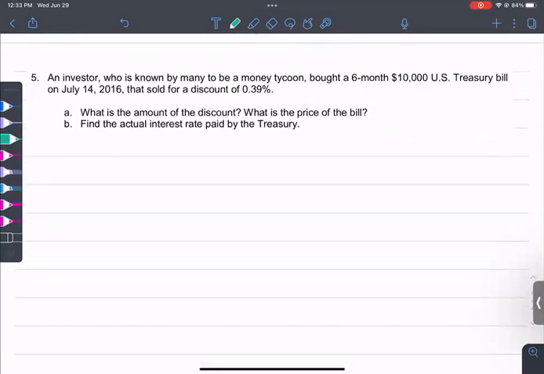All right, number 5, an investor who is known by many to be a money tycoon bought a 6-month, $10,000 US Treasury bill on July 14th, 2016 that sold for a discount of 0.39%. What is the amount of the discount and the price of the bill? So the discount is calculated by doing the present value times rate times time.